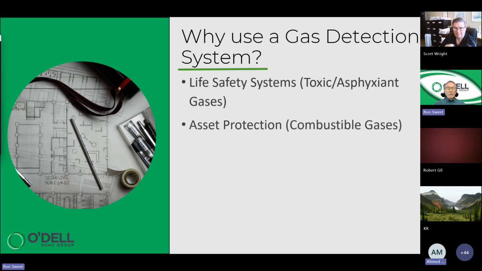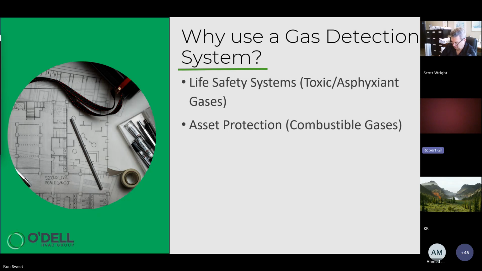Secondly, for protecting... I had my camera do a little reset on me there.